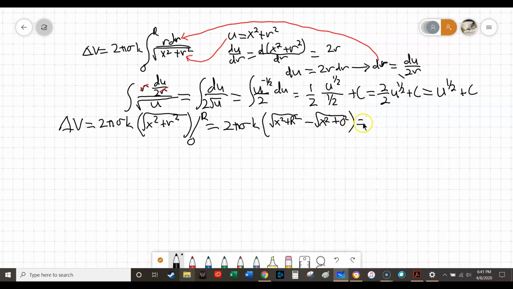Which is going to work out to be 2 pi sigma k times the square root of x squared plus r squared minus the square root of x squared.